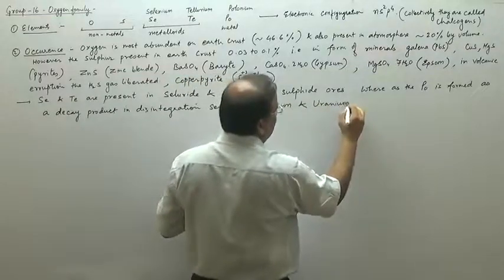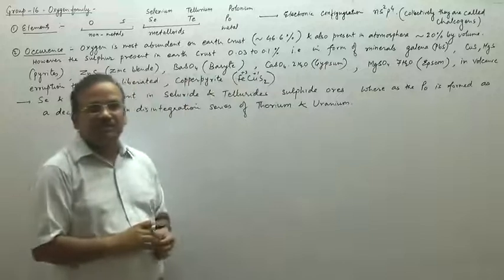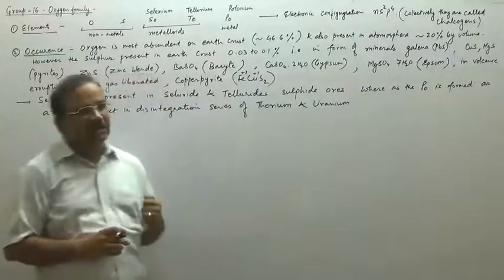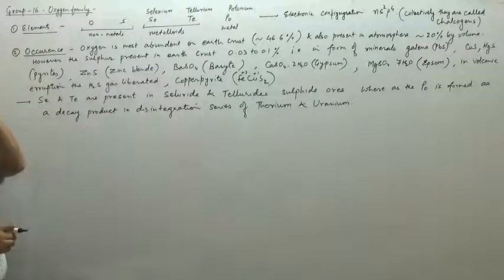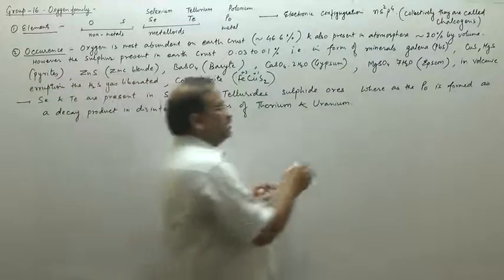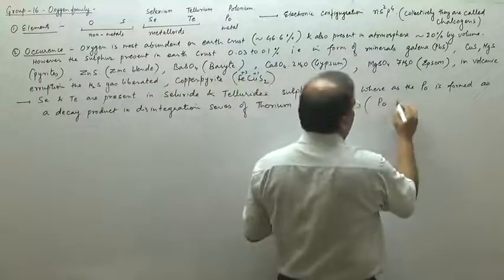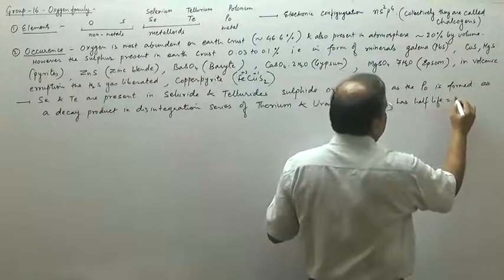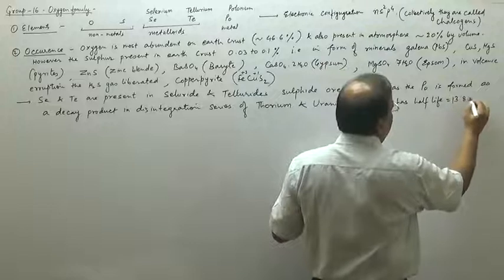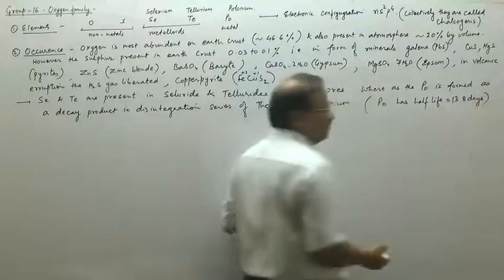So that is how we are able to write the occurrence of these elements in the earth crust. So polonium does not occur in free state in nature. As I've told you, polonium has a half-life of 13.8 days, so it has a very small half-life.